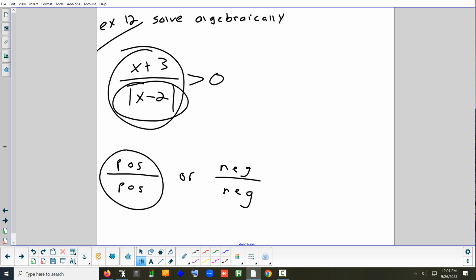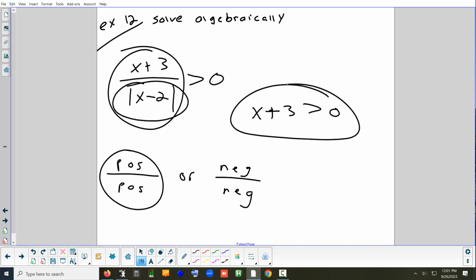So if the bottom is always going to be positive, all you have to worry about is when is the top also going to be positive, and you'll automatically get an answer greater than 0. So if you can figure out when this happens, that will solve the question. Whenever the top is a positive number, the bottom is always positive.